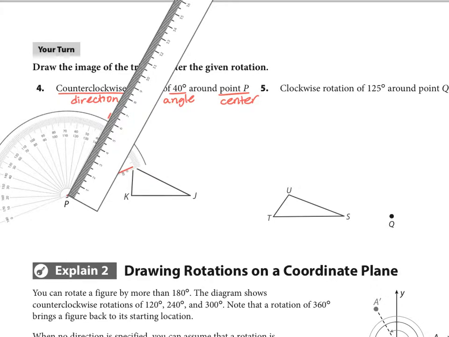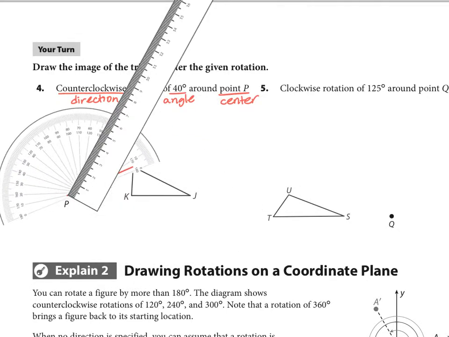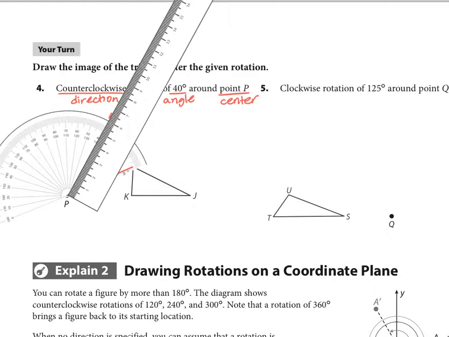So you see my ruler is lined up from point P to where that red mark is, right there. Because when I draw this side along with the first side that I drew, that creates a 40-degree angle. That's 40 degrees, and therefore that means we've rotated point L 40 degrees.